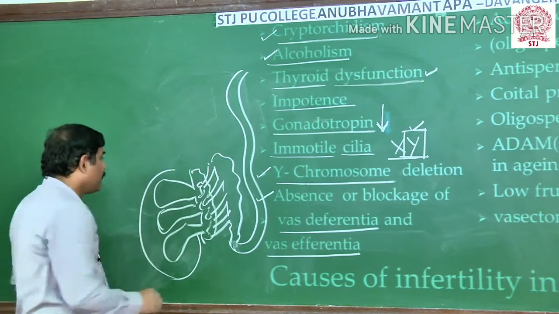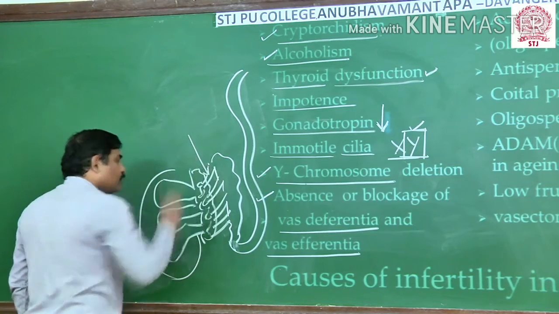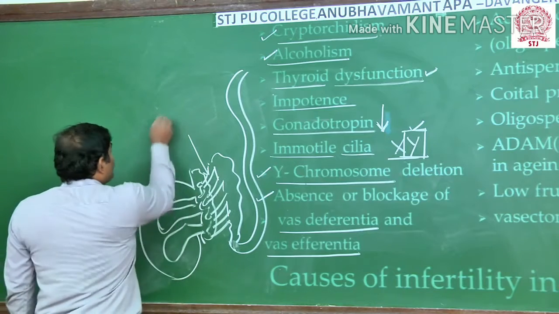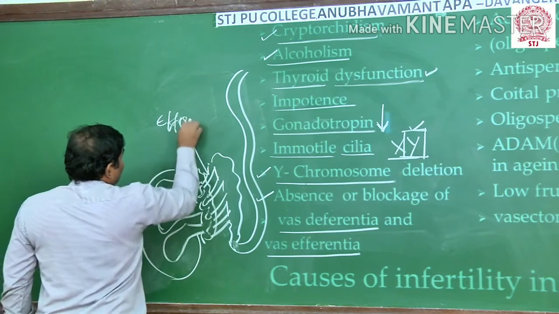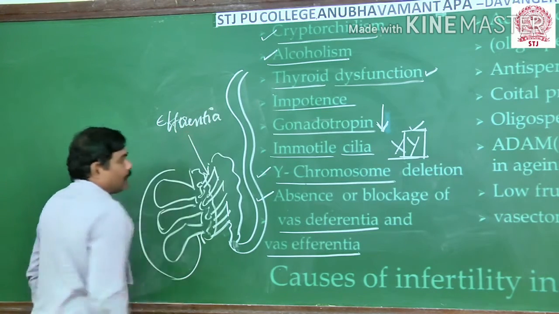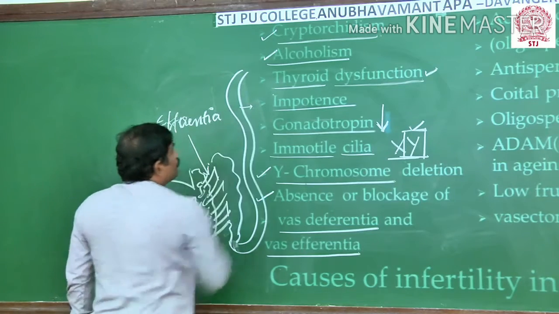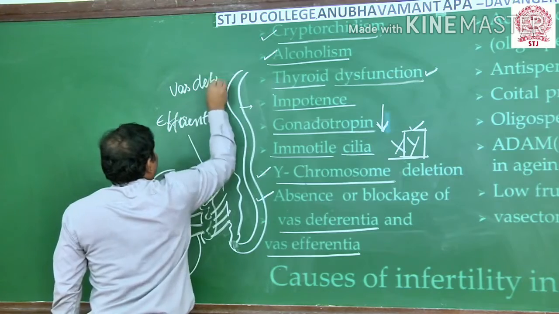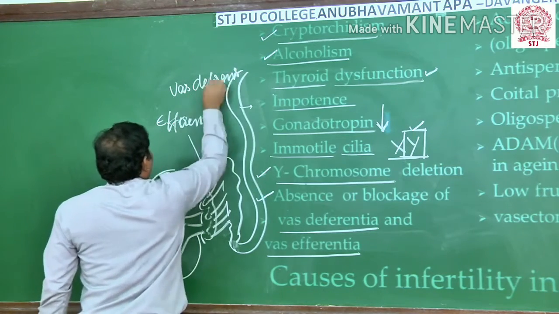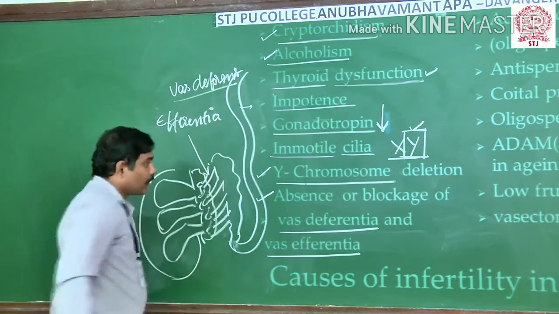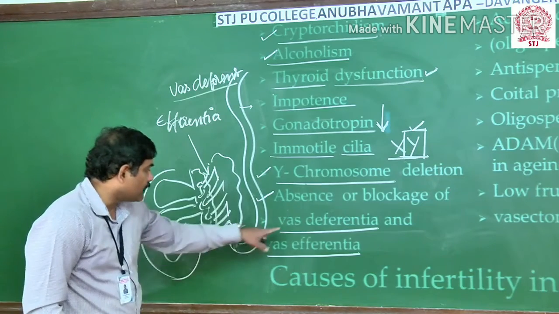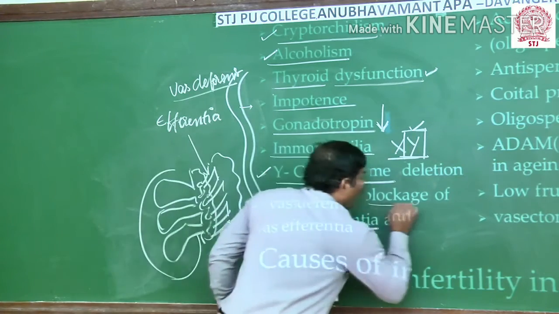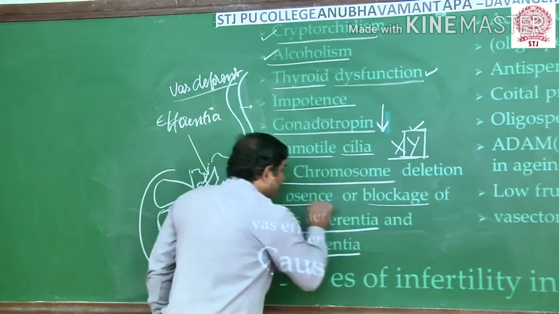Now I am going to label the parts here. This part is known as vas efferentia, whereas this is known as vas deferens. Coming to this point, check it out here: a blockage takes place, or an absence.